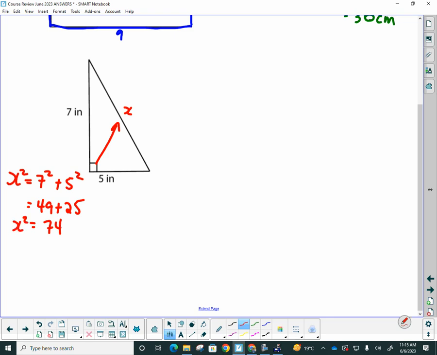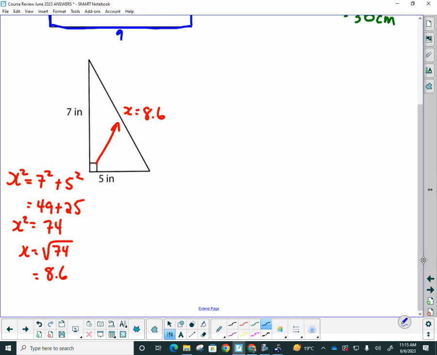Obviously, this side is not 74 inches. We need to take the square root of that and get 8.6. So that means this side is 8.6.